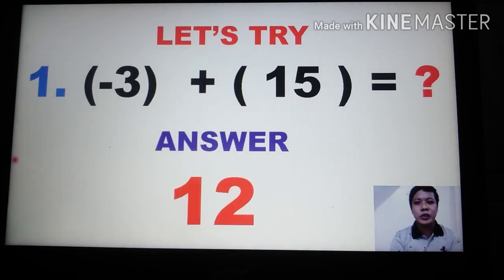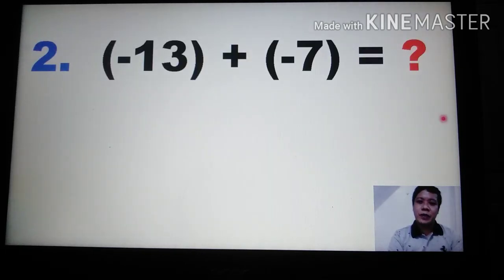Why +12, Sir Ernie? Because they are unlike sign, negative and positive. In the rule, what we're going to do is to subtract. 15 minus 3 is 12, and follow the sign of 15, which is the larger or bigger number. Therefore, our answer is +12. For the second trial, can you please try to find the sum of -13 and -7? They are both negative, they are like sign. So what do you think is the sum?